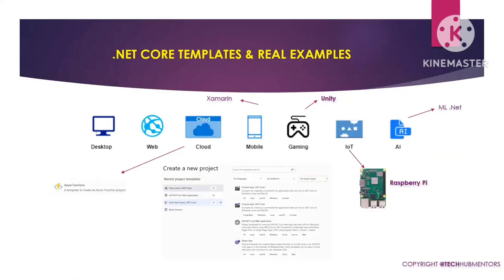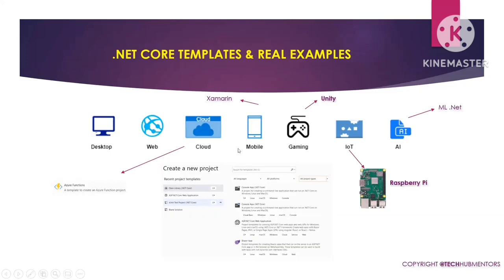.NET Core templates and some real examples. Basically, with .NET Core installed, you are able to create any desktop application like console application, WPF application. With the web, you can create any ASP.NET application, MVC application, ASP.NET Core application.